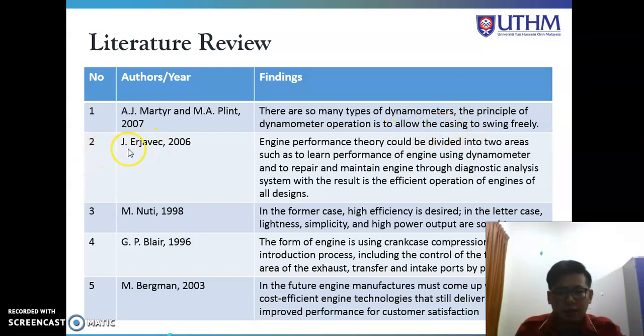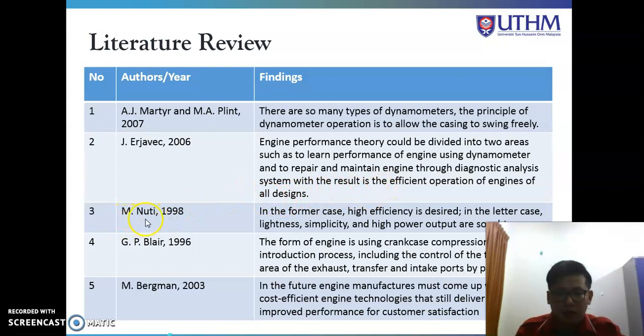Second, J. Erjavec in 2006. His finding is engine performance theory could be divided into two areas: to learn the performance of the engine using a dynamometer, and to repair and maintain the engine through a diagnostic analysis system, with the result being the efficient operation of engines of all designs.